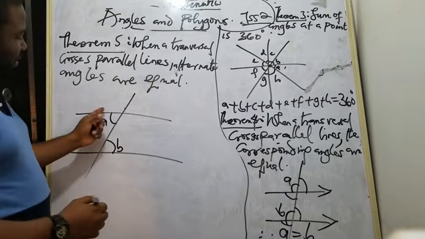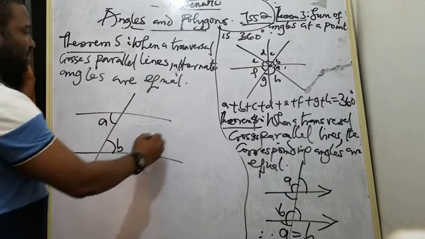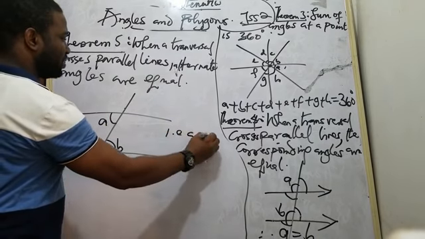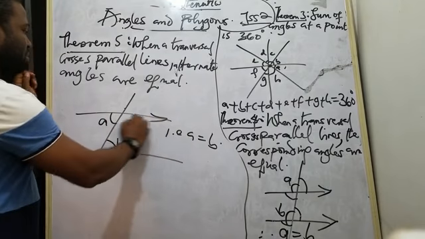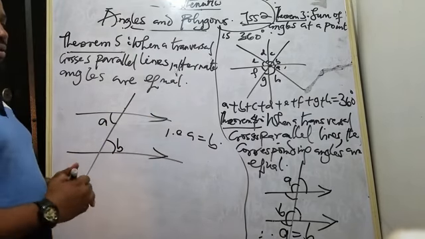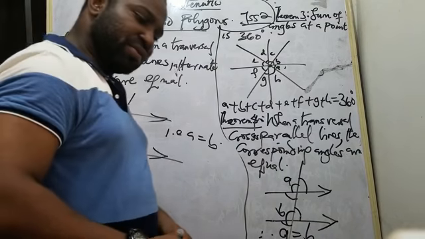Now these are equal. That is, A is equal to B. This is parallel lines. Okay, very good.